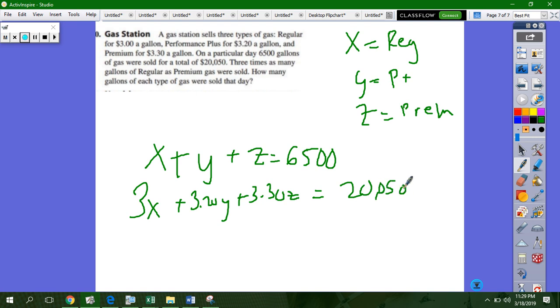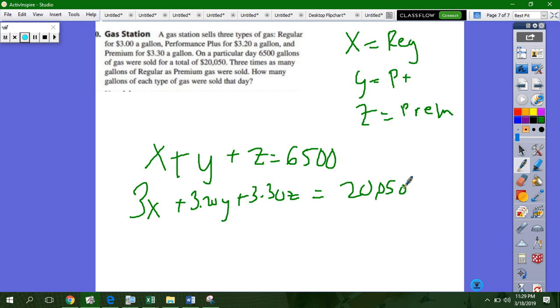Now our last one, because once again we're doing a system today, and if I have three variables, that means I have to have at least three equations. That's the rule. For however many variables there are, that's how many equations you need. So if I had 5 variables, I need 5 equations. Those are important to know.